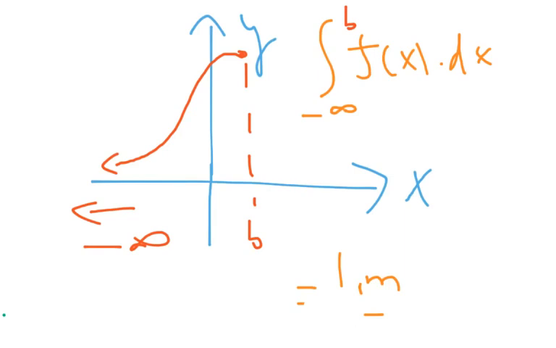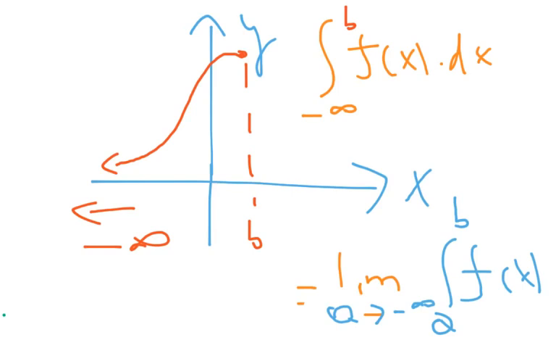You could have put something like x sub 1 or something like that, but there are many letters in the alphabet really. So let's put q that approaches minus infinity, and then we put q right here, and then b right there, and then f of x dx right there.